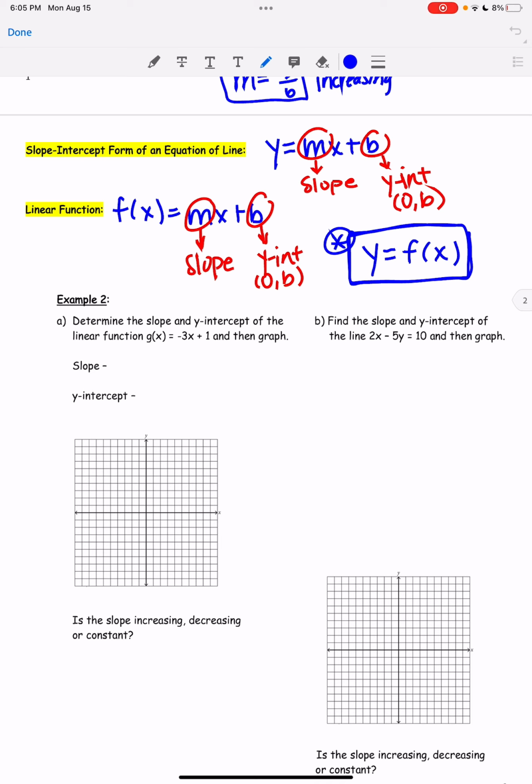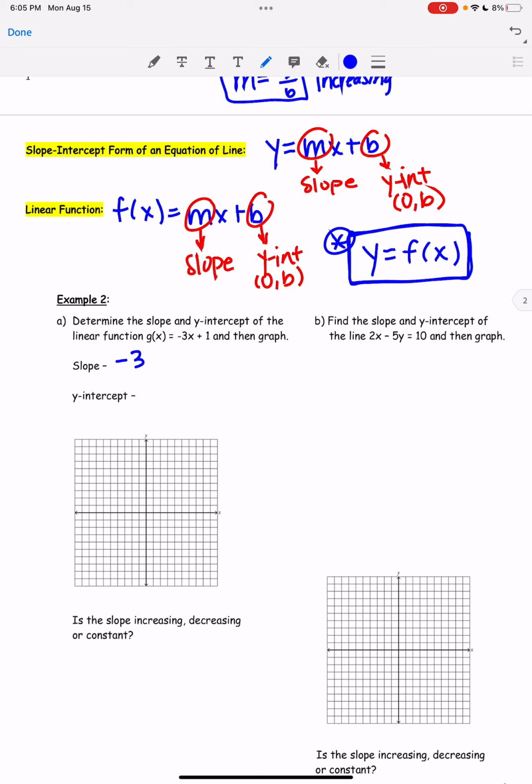So example 2, determine the slope and the y-intercept of the linear function g of x equals negative 3x plus 1, and then graph. So this is already in this form here. So my slope is what's in front of the x. So my slope is negative 3.